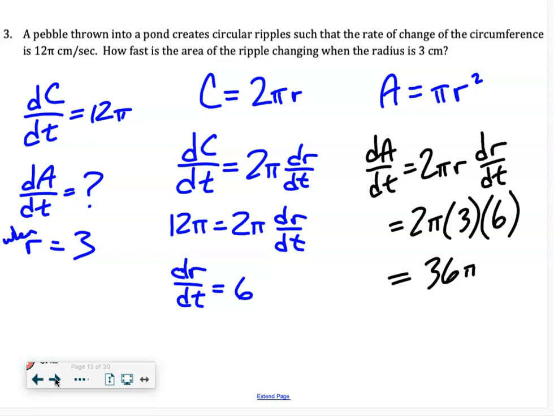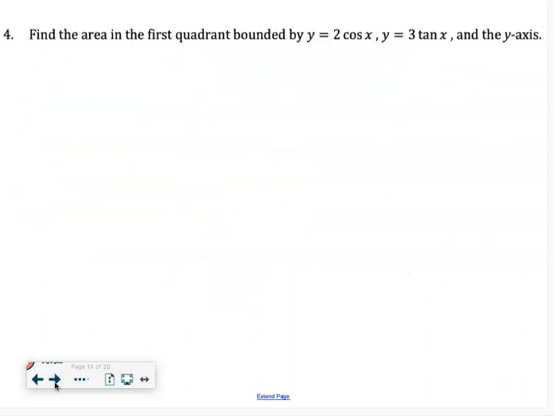Okay. Will there be a derivative? I will answer that question. Yes. There will be a derivative on your final exam. And an integral. Yep. And numbers. And variables. Yes. All these things will be on your final.